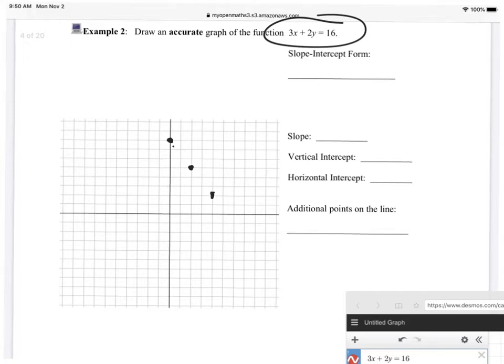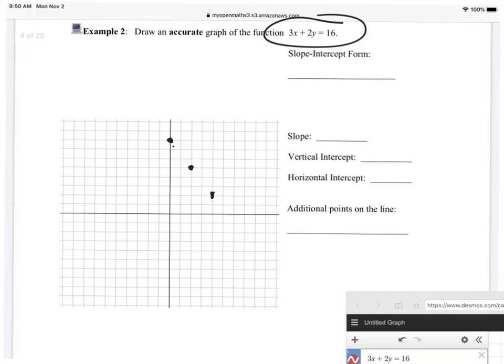I think I have a line. Okay, let's try this. And then you would draw your line through all of your points like that, and it should have arrows on both ends. This software doesn't allow me to do that. So that is what the graph of our equation looks like.